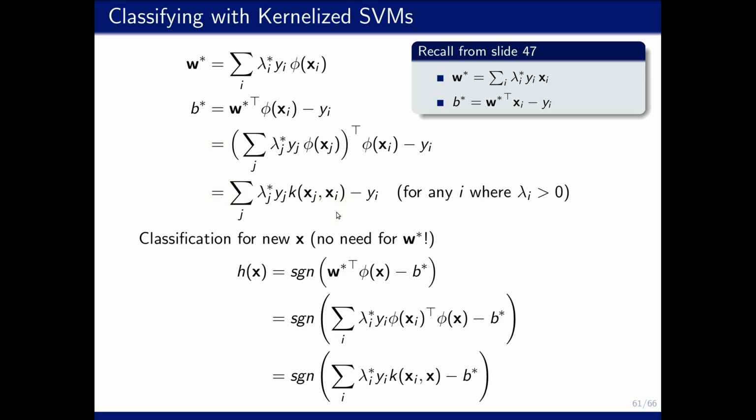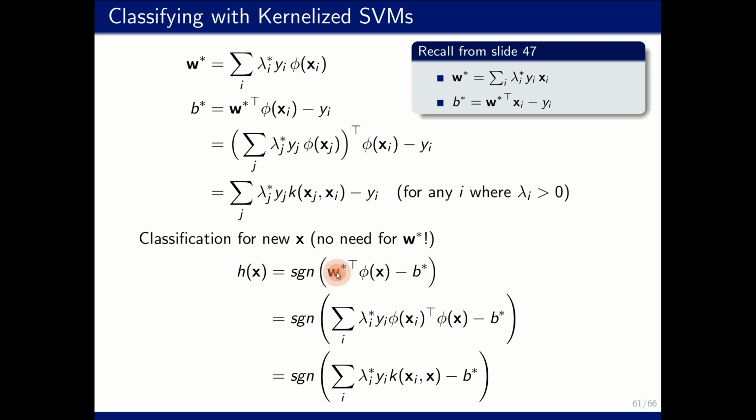And also for W, we can do something, or generally, if we want to classify a new x, so this is a new data point x, which was not in our training set. So we actually don't need W star for this. To see this, here's our classifier h(x), which is the sign of this affine function here.